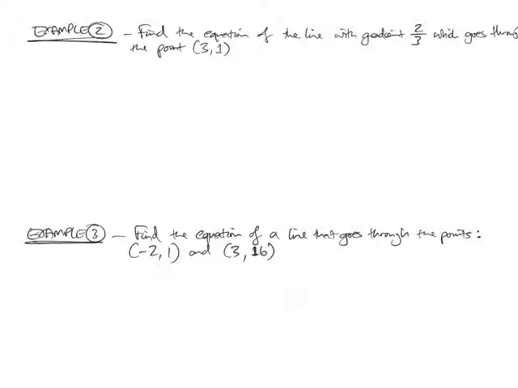The equation of a line with gradient 2/3. So we already know that the equation of a line is y is equal to mx plus c, where m is the slope or gradient, and c is the y-intercept. So we already know what m is. We know it's 2/3x plus c.